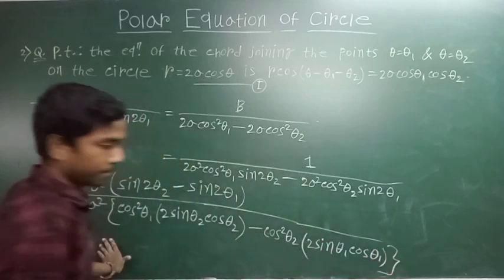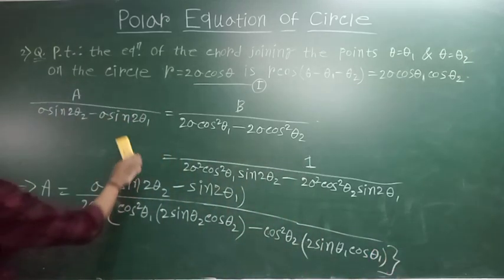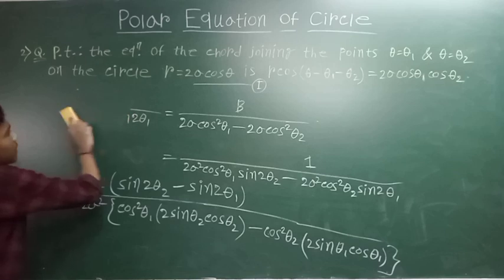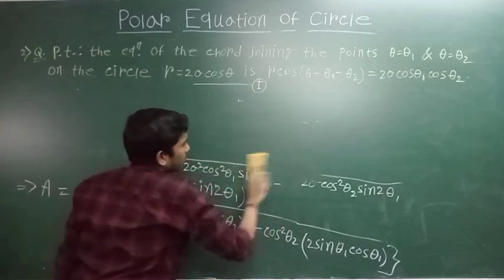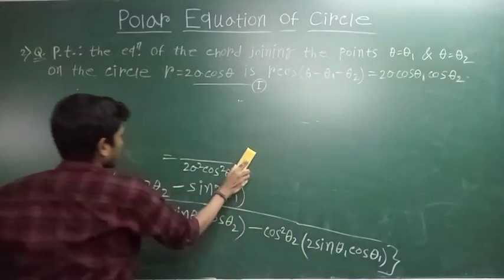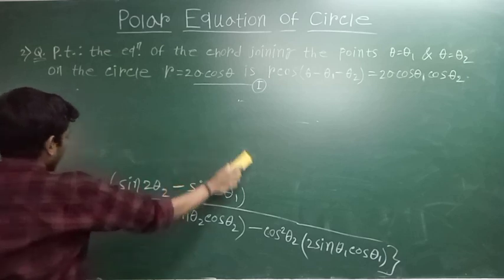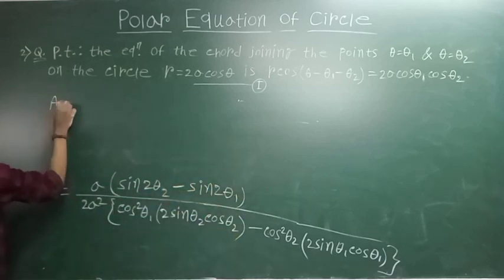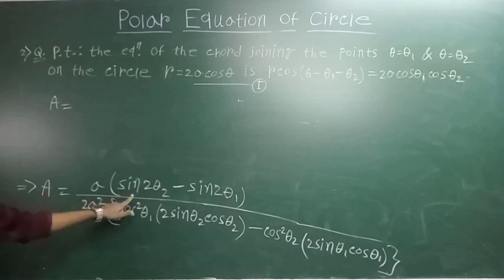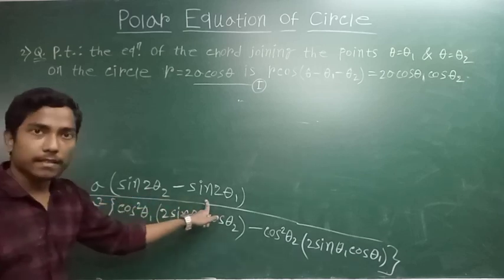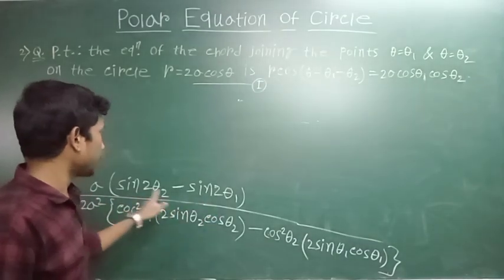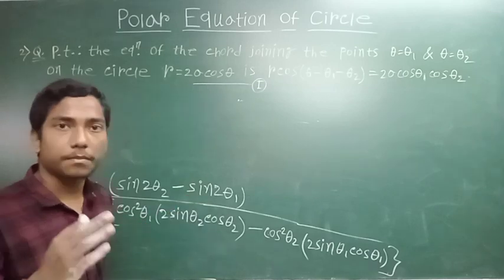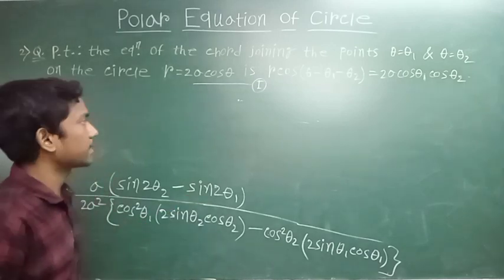Now we'll use the trigonometric formula here. So we get a is equal to sin C minus sin D. You know the formula, sin C minus sin D is equal to 2 cos C plus D by 2 into sin C minus D by 2.